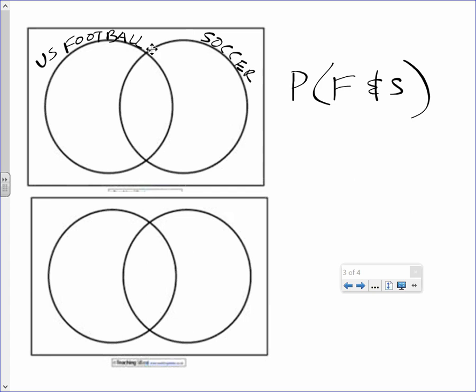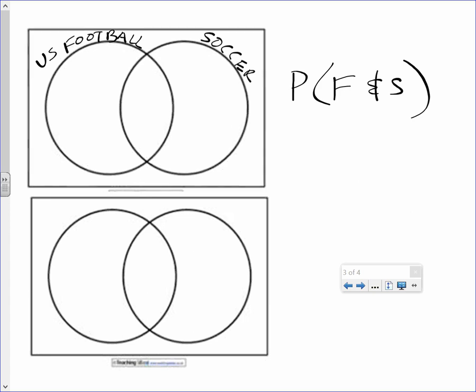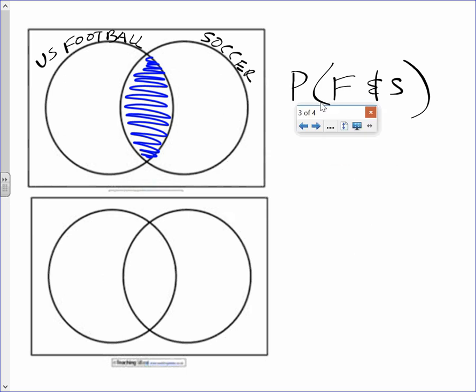Liking football and liking soccer would be, go ahead and shade in between the 2 circles. So far, so good. Okay, so shade that in.